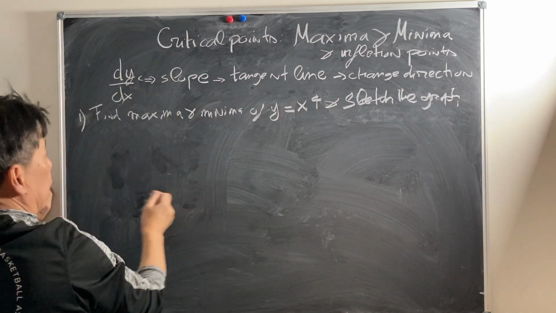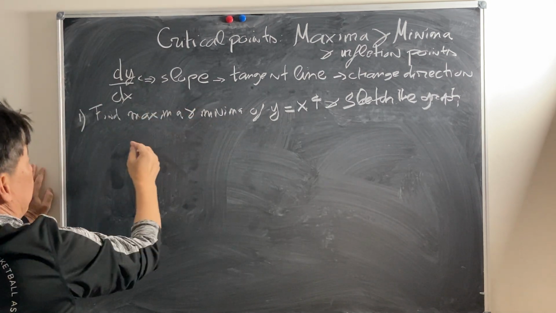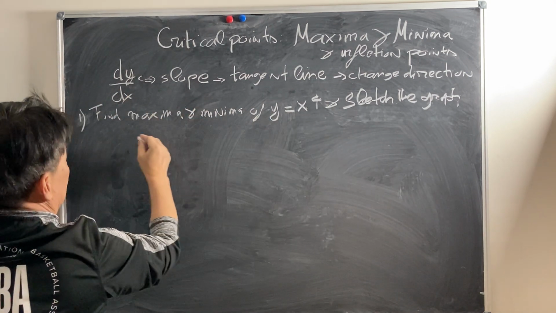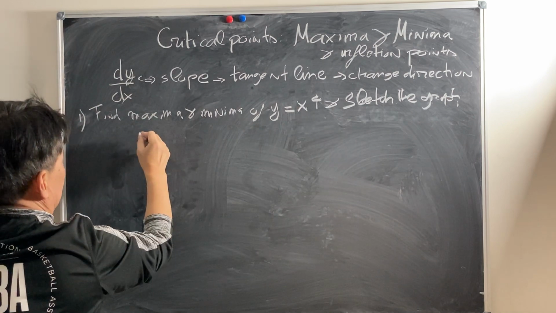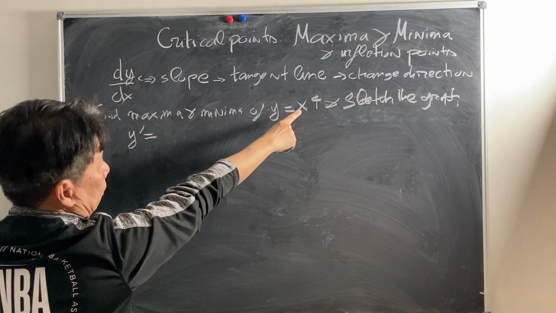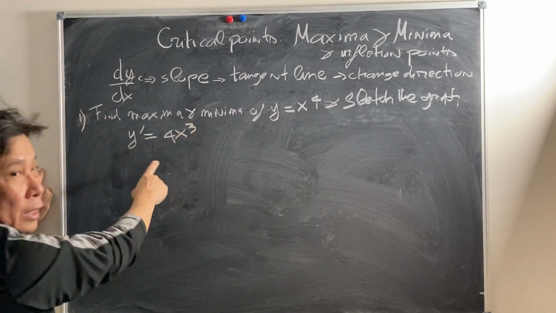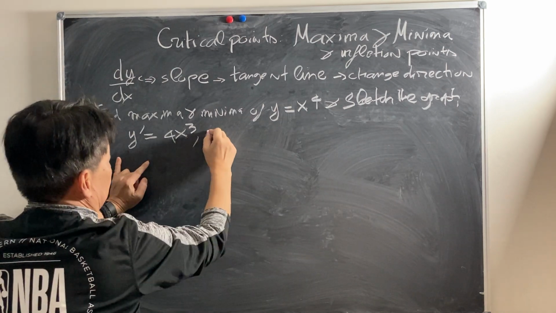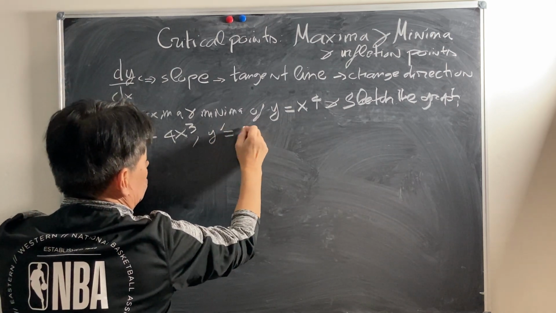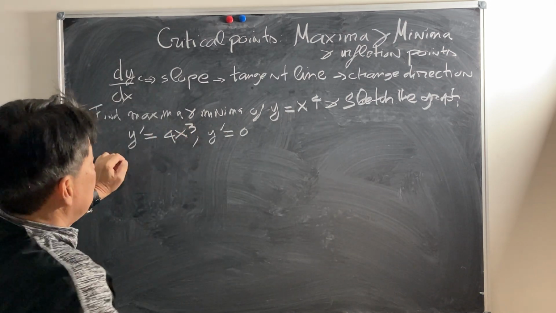Okay. First of all, in order to find the maxima and minima, you have to find the derivative of this function. So here y prime, the derivative of x^4, you get 4x^3. Okay, and set the derivative equal to 0 to find the maxima or minima point.